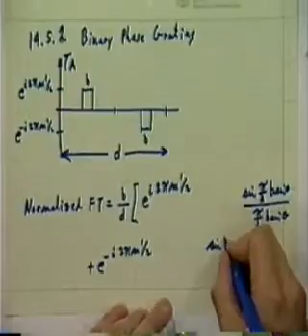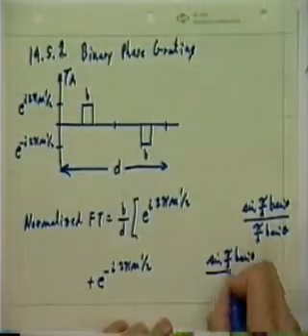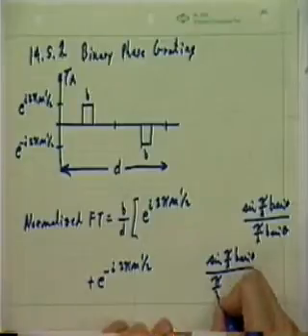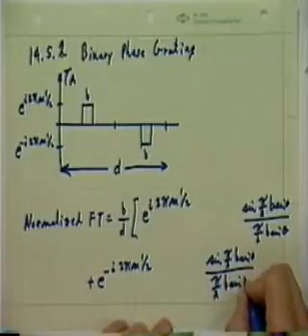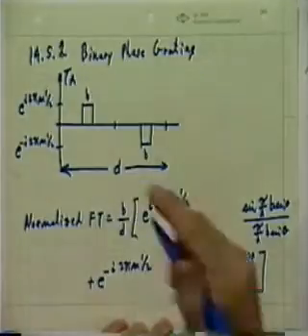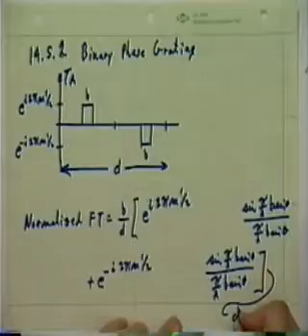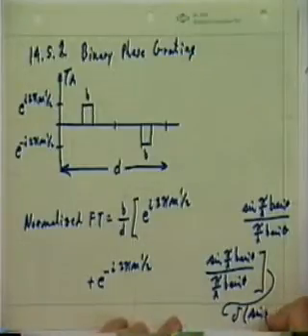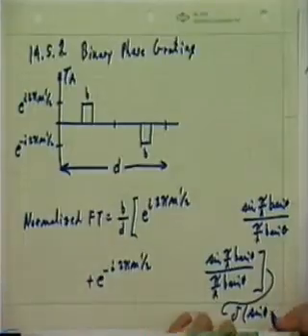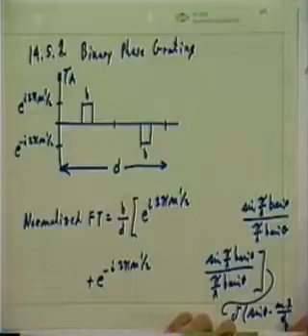Sine pi over lambda, b sine theta, over pi over lambda, b sine theta. And I'm going to have a lot of these guys, a lot of slits, and so I'm going to get the delta function, a comb function if you like, but I write it just delta of sine theta minus m lambda over d. Okay.